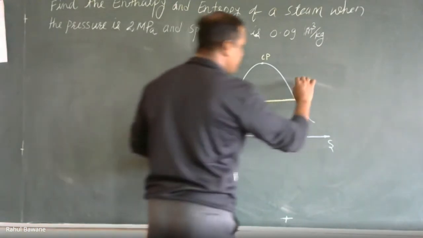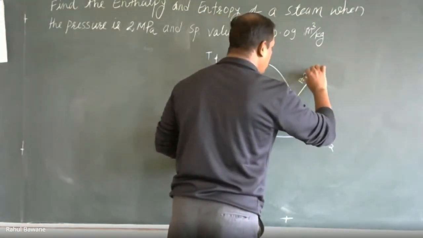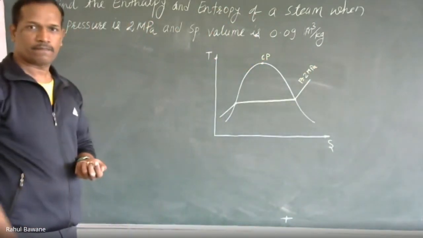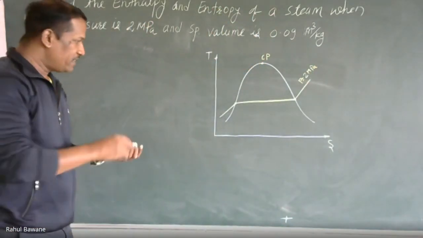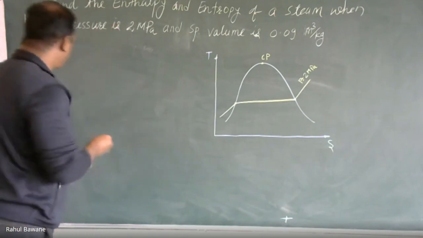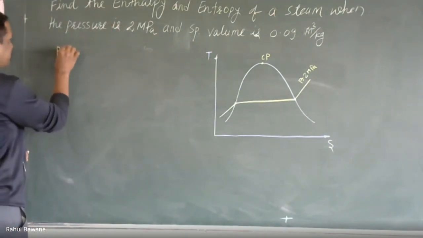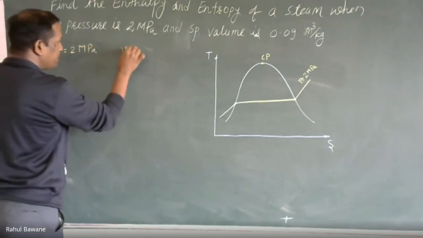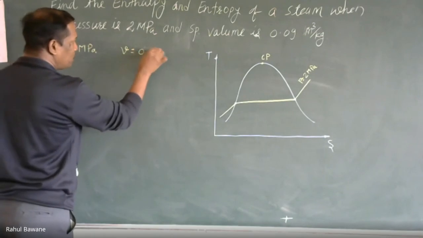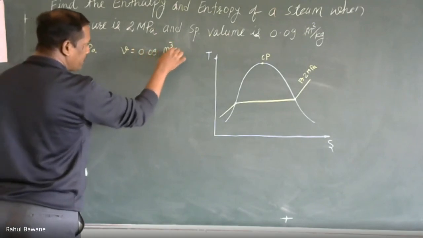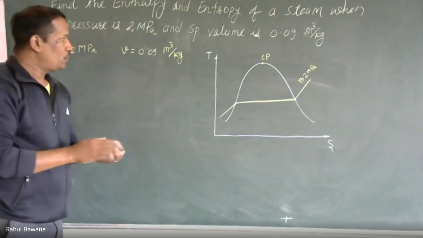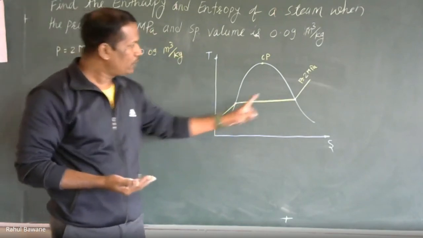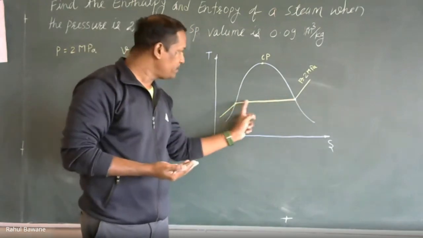The pressure given is P equals 2 megapascal, and they have given a specific volume of 0.09 meter cube per kg. But here we don't know whether this specific volume belongs to saturated liquid, saturated vapor, or in between.